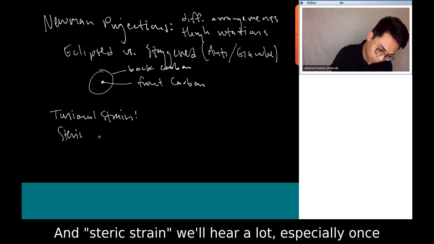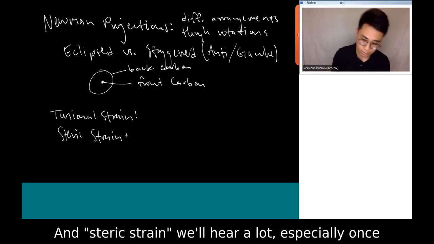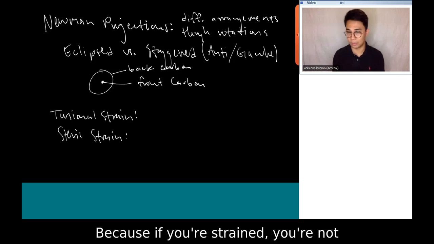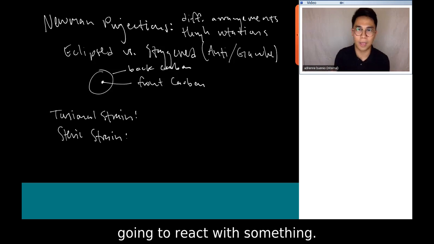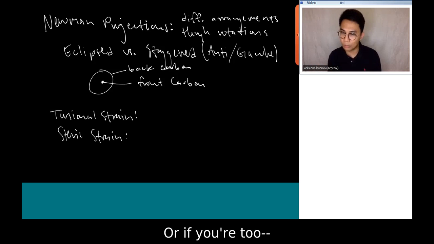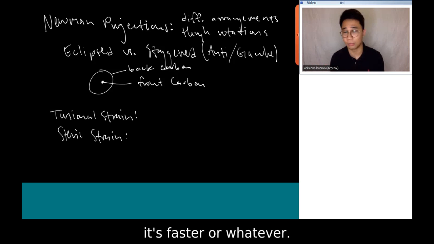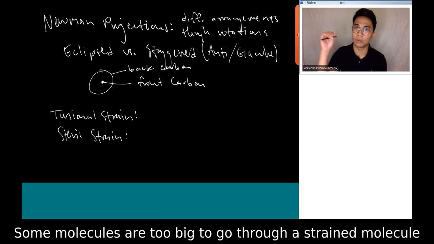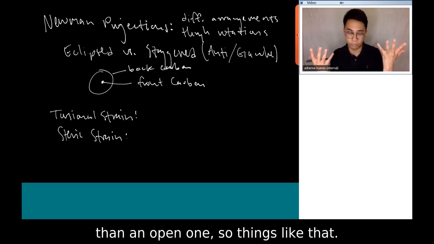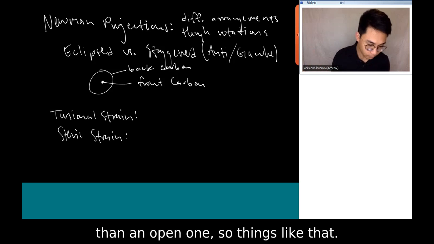And steric strain we'll hear a lot, especially once we start getting into reactions as well. Because if you're strained, you're not gonna react with something, or they prefer it's faster. Some molecules are too big to go through a strained molecule rather than an open one, right? So things like that.